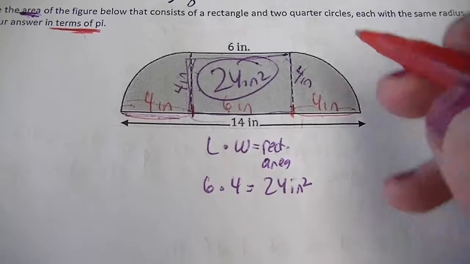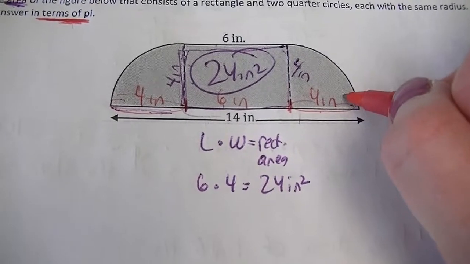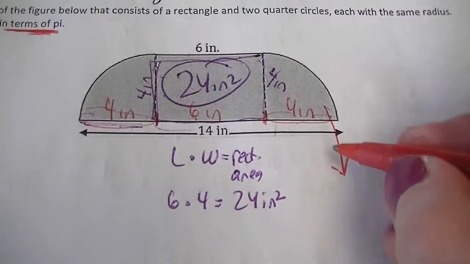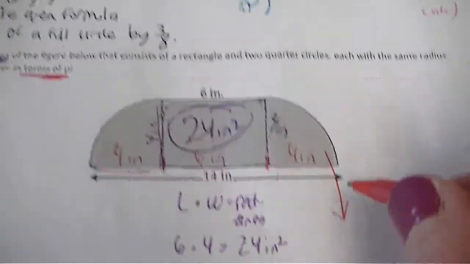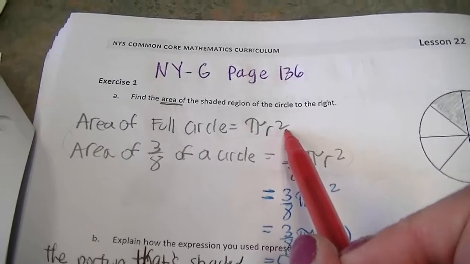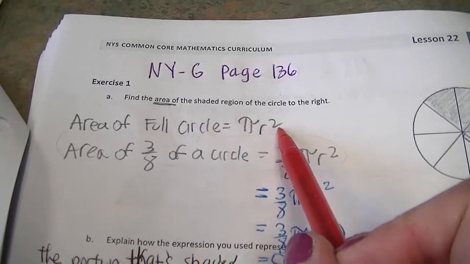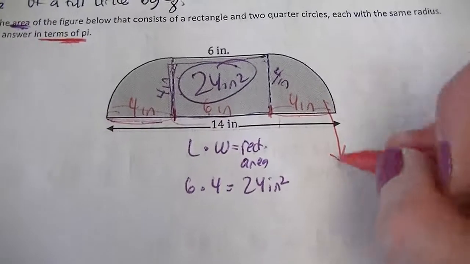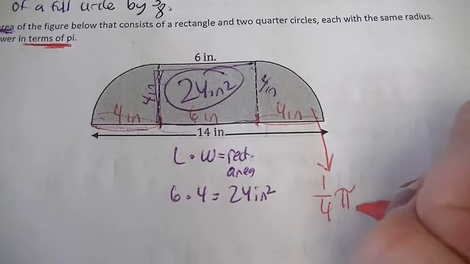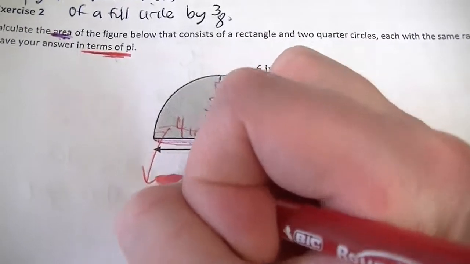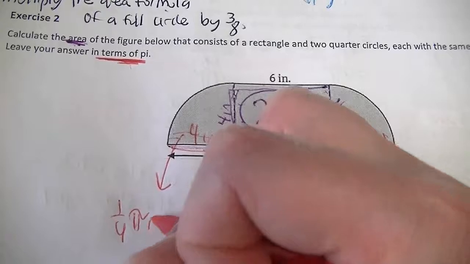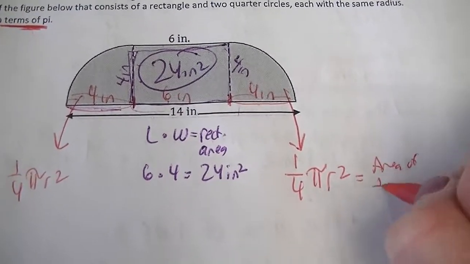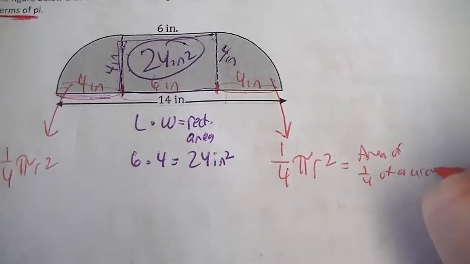Now I'm going to tackle these quarter or 1/4 circles. Quarter and 1/4 are the same thing. The area of a full circle is pi radius squared, but I only want 1/4 of it. So in front of this, I'm going to put 1/4, and same with this guy, because that's going to give me the area of 1/4 of a circle.